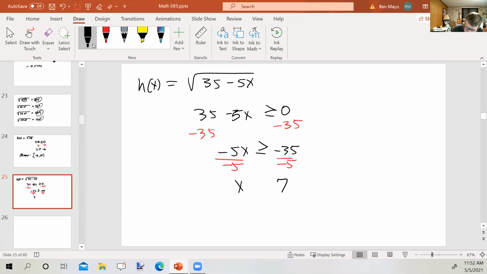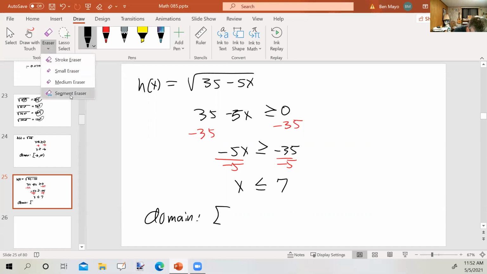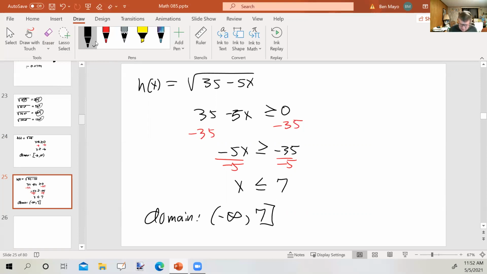What happens when you multiply or divide both sides of an inequality by a negative number? You flip the symbol. Yeah, change the direction of the inequality symbol. So now our domain is going to be, oops, wrong symbol there, from -infinity up to and including 7, just like that.